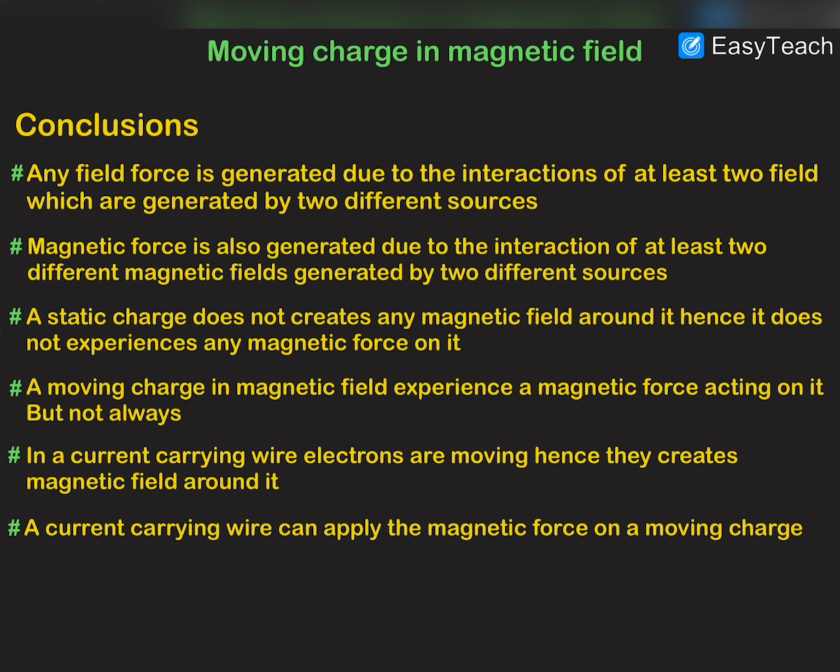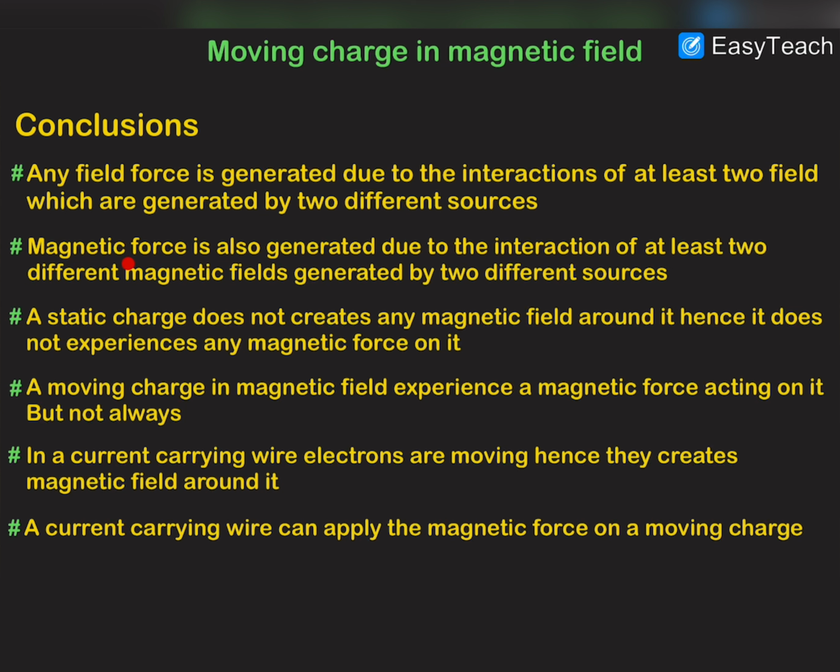So we have already studied that only a single electric field cannot produce an electric force. There should be a minimum of two electric fields to produce the electric force, and similarly there should be a minimum of two magnetic fields to produce the magnetic force. Okay, because these forces are produced due to the interaction of the fields.